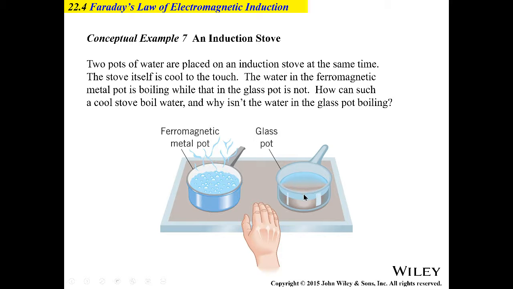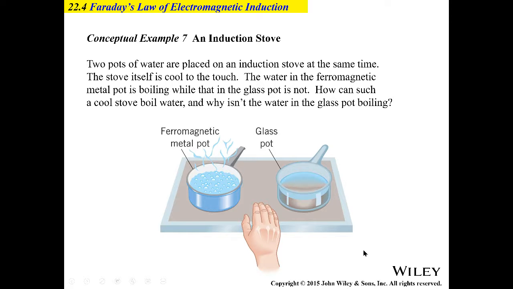So on this side, you turn on, because there's a switch somewhere, this guy doesn't boil. But this guy, after a while, the water in the ferromagnetic pot is boiling while that in the glass pot is not. How can such a cool stove boil water, and why isn't the water in the glass pot boiling? Right? It's a very interesting question.